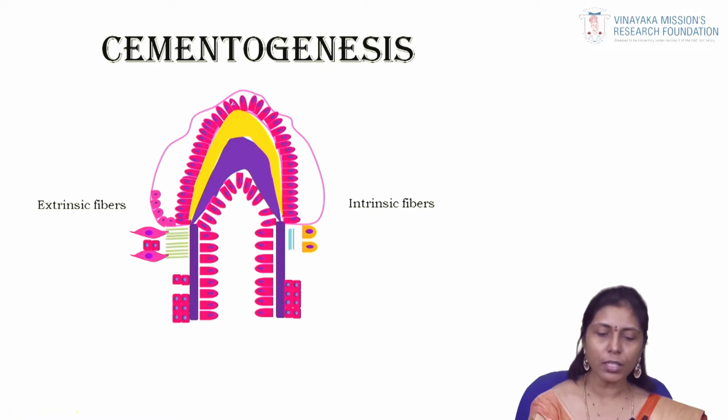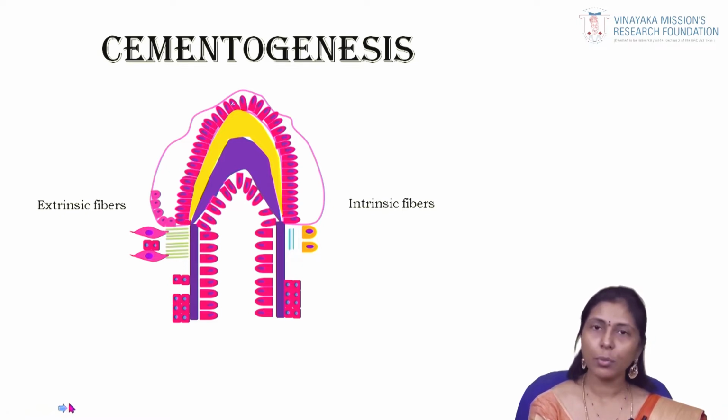Here you can see the alignment of the fibers. The fibroblast cells that secrete the extrinsic fibers are perpendicular to the surface of the cementum, whereas the cementoblast cells that secrete intrinsic fibers are arranged parallel to the surface of the cementum.